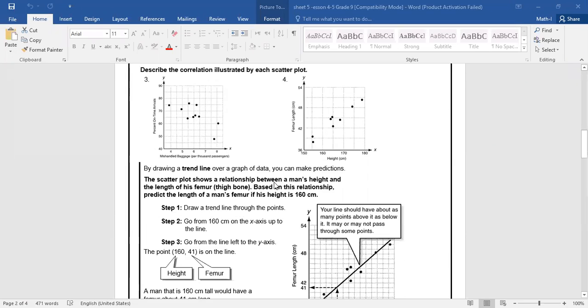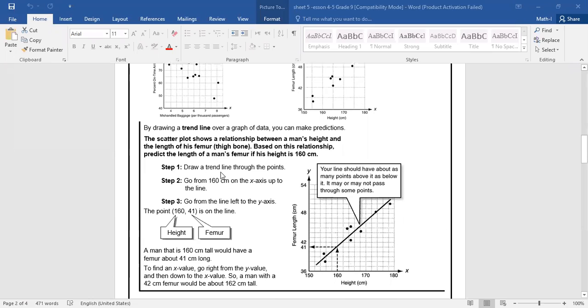Then draw a trend line through the points. Here we have a scatter plot showing the relation between a man's height and the length of his femur, or thigh bone. Based on this relationship, predict the length of a man's femur if his height is 160 centimeters. So we will draw the line of best fit.